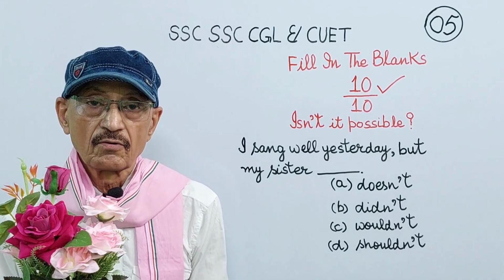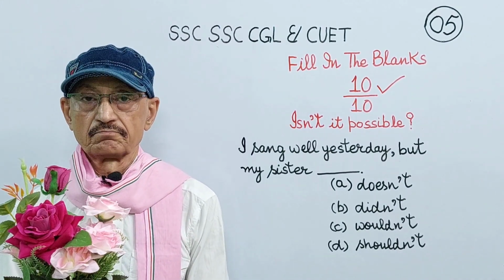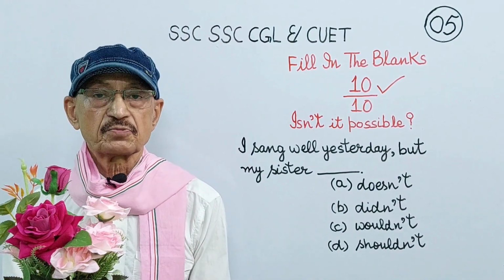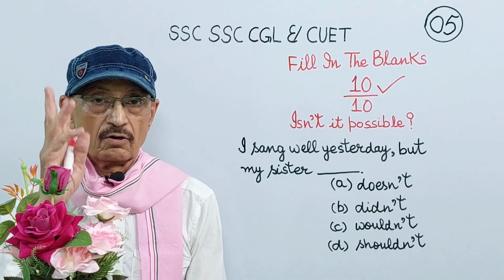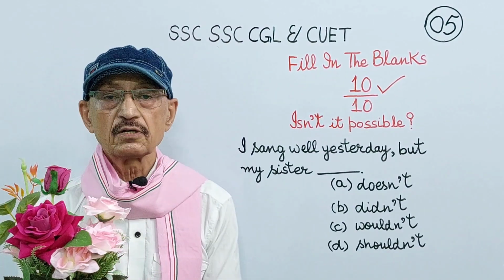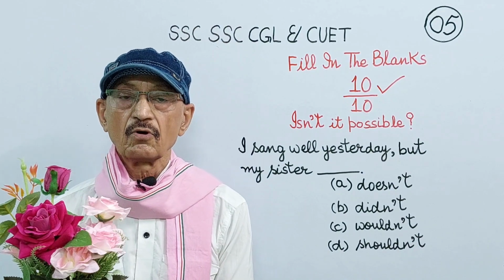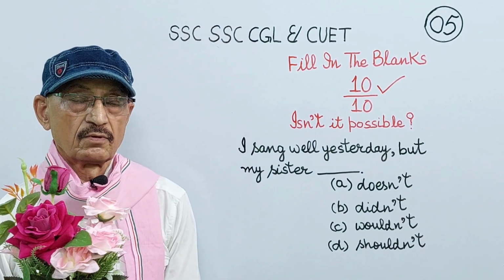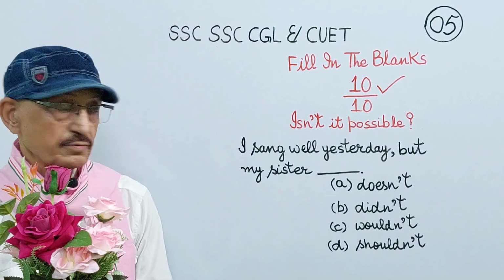I sang well yesterday, but my sister blank space. There are 4 alternatives: doesn't, didn't, wouldn't, shouldn't. Which alternative is correct for this blank space? Let us check each alternative word.